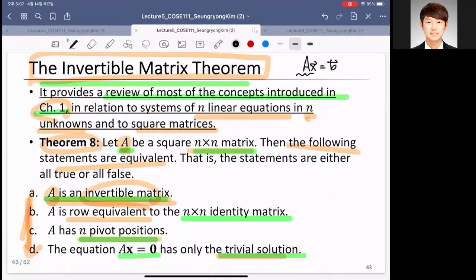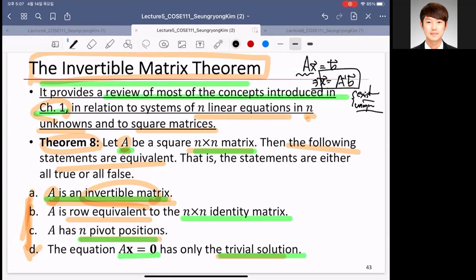Then A is invertible, and the solution of this matrix equation is the inverse of matrix A times vector b. Or, if your matrix A has n pivot positions, then the linear system has a solution, so the solution exists, and the solution is unique.